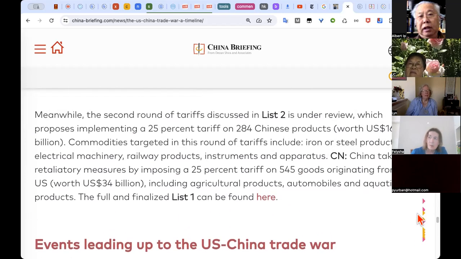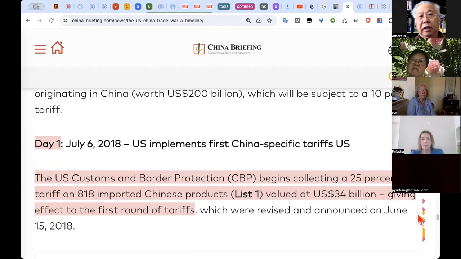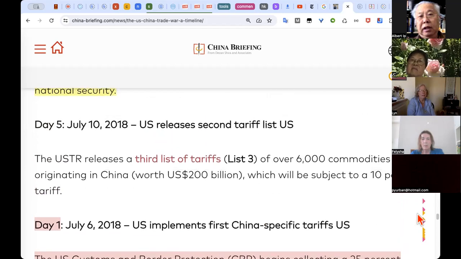The actual trade war started on 2018, July the 6th. U.S. Customs and Border Protection begins collecting a 25% tariff on 818 imported Chinese products, valued at $34 billion. So that is the first round. Of course, China reacted.